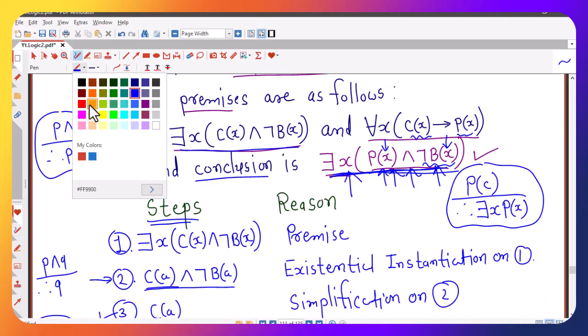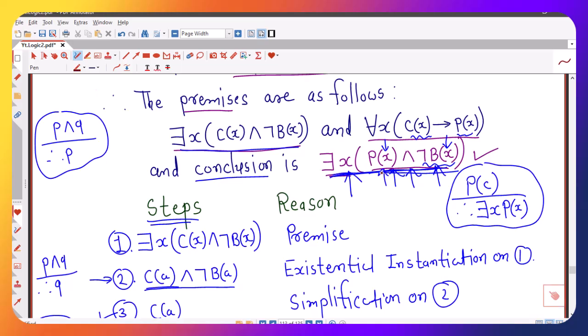Here we want to arrive at this conclusion where we require Px and negation Bx, and we are given these premises also.